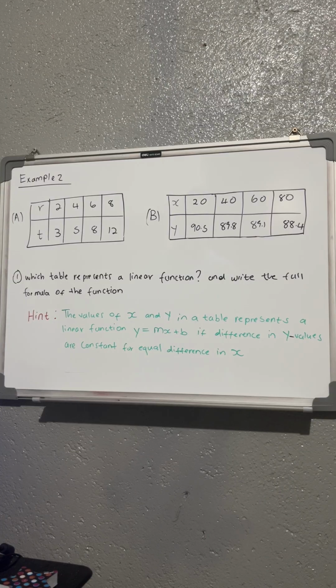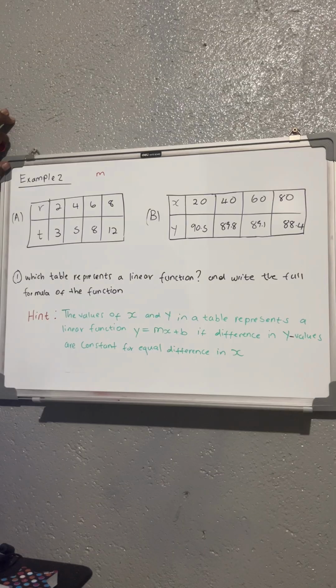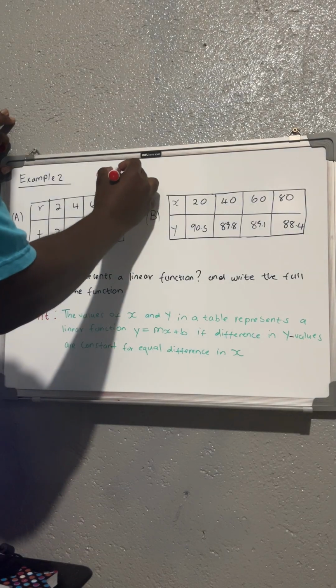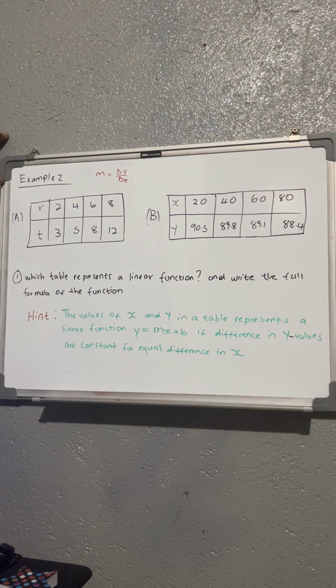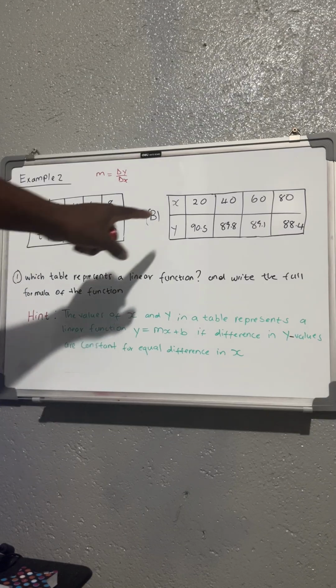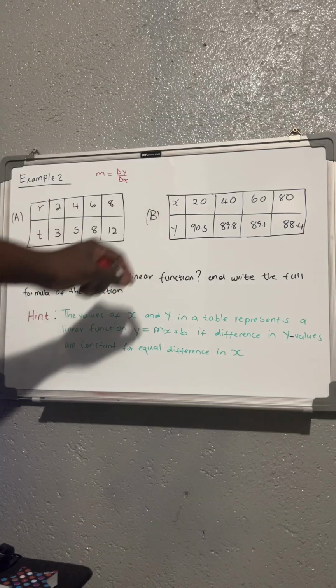So I know maybe some might still be confused. Basically with this one, what you just have to find is your m, which is your gradient. You remember we said this is your change in y over change in x. Even if it's written as r and t, this will always be your x, this will always be your y, but it means now you're going to have change in t over change in r. Here it's written in a normal format, so you're going to have your change in y over change in x.